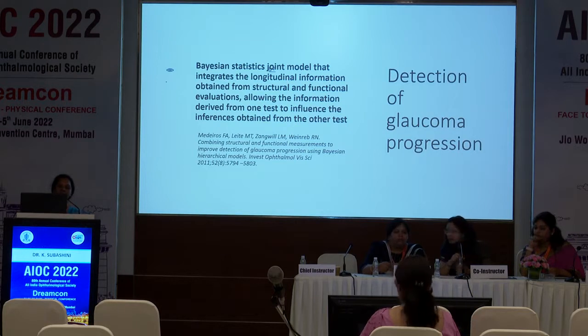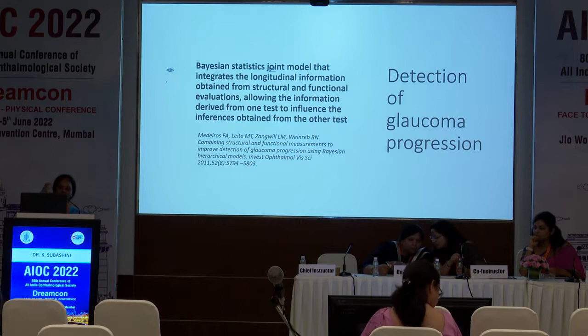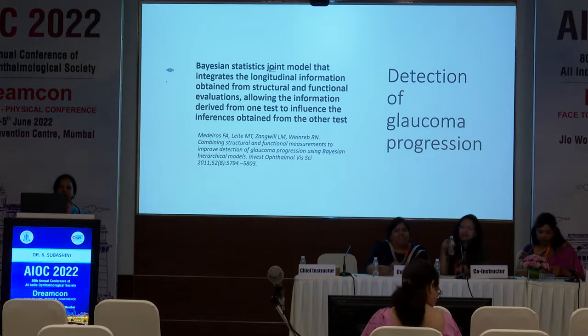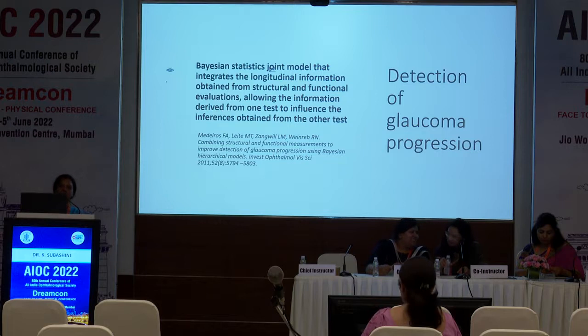Longitudinal means that over a period of time you record all the fields as well as the OCT, and then this information is translated and you make an inference from both. So the progression on structure influences the result of the function test.